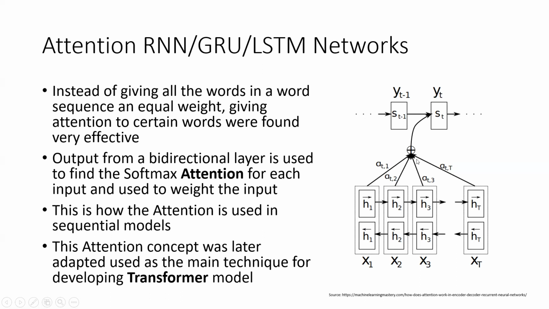If we can use something that consists only of attention and not the sequence part, whether we can develop a better neural network architecture. After thinking in this way, people were able to develop a new model known as the transformer model.